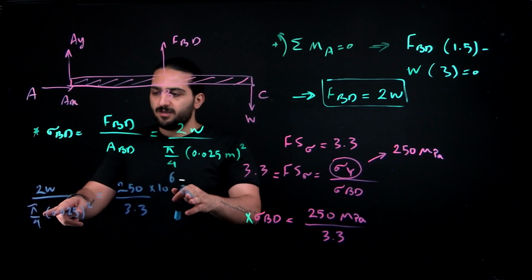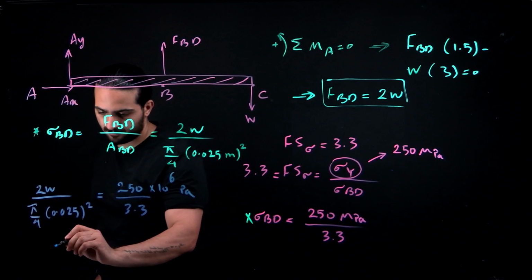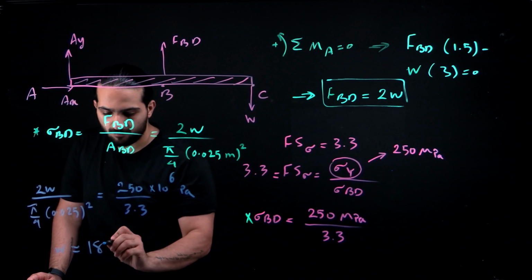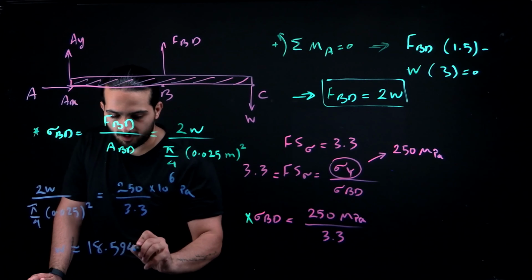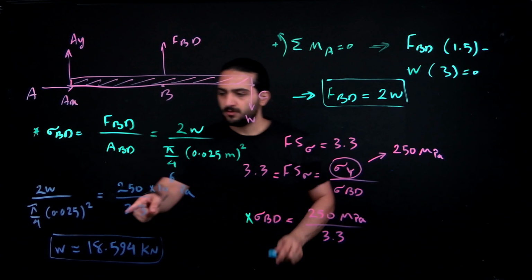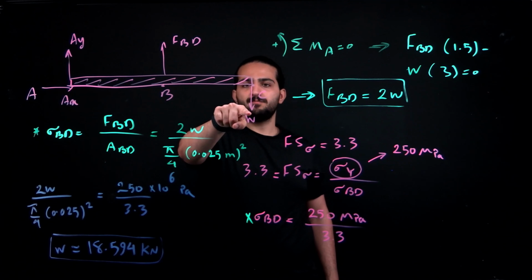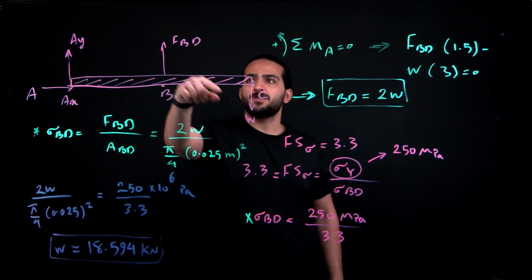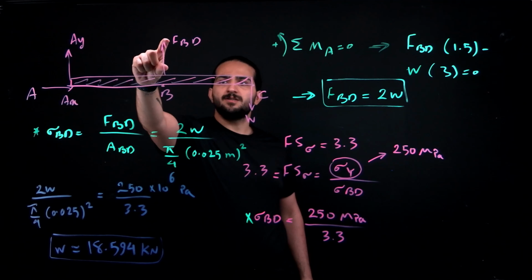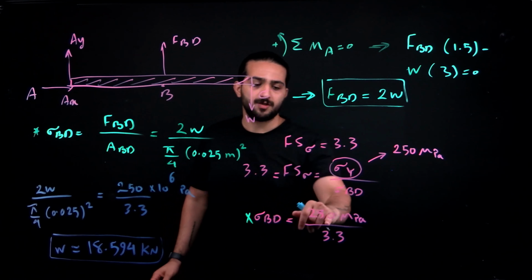So the only unknown value here is W, and this will give us a W approximately equal to 18.594 kilonewton. So this will be the maximum load W that can be suspended from point C so that the axial stress in this cable BD doesn't exceed 250 megapascal with a factor of safety of 3.3.